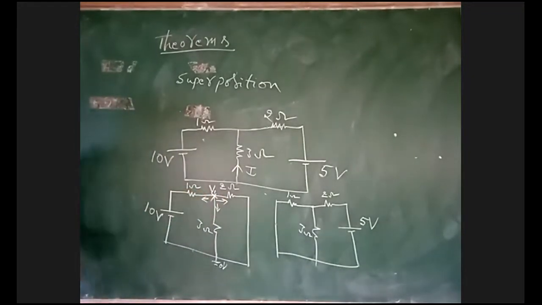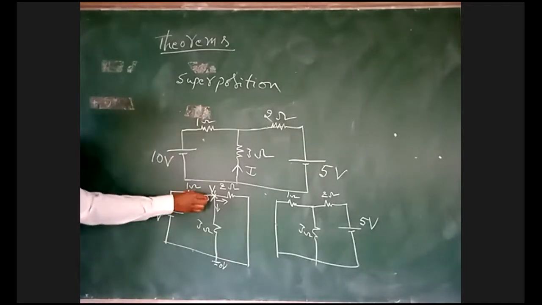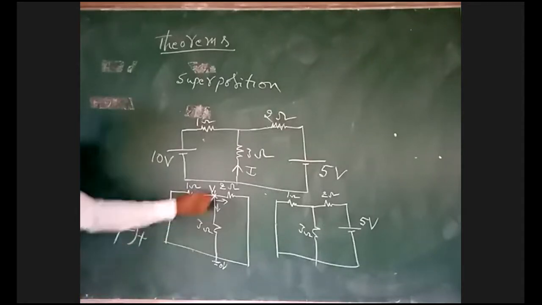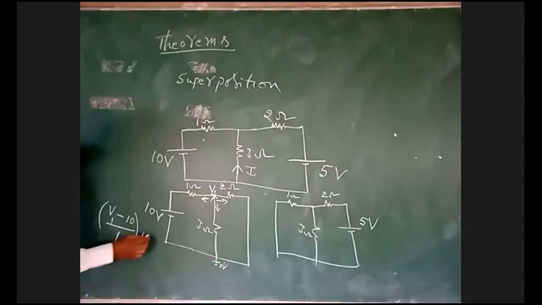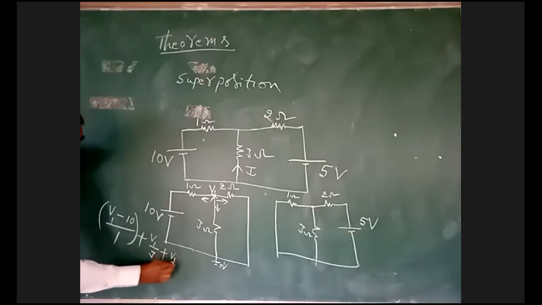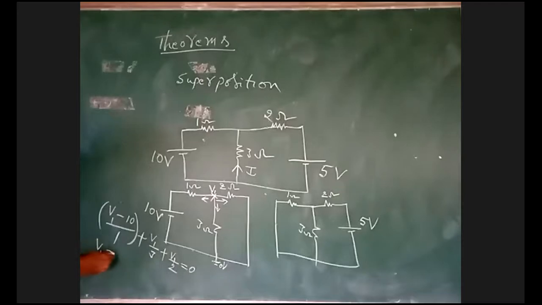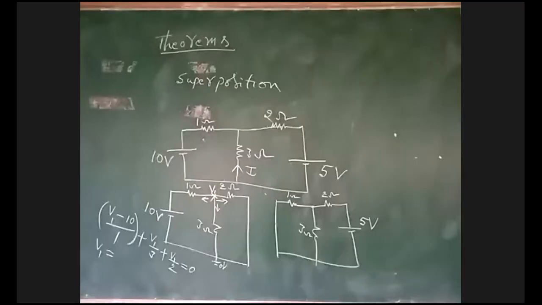So (V1 minus 10)/1 plus, this arrow is moving in this direction, (V1 minus 0)/3 plus (V1 minus 0)/2. What is the value of V1? Tell me the value of V1.